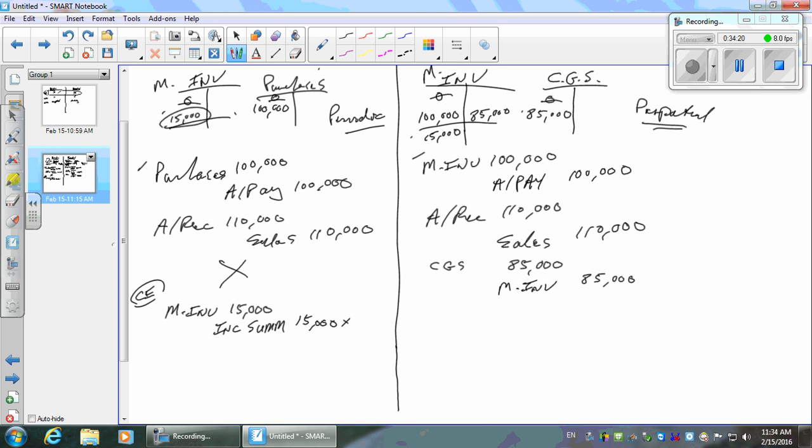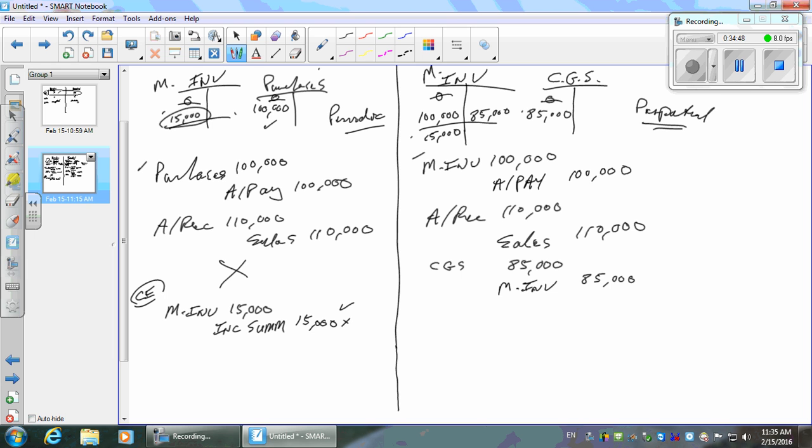Really, what's going to go on my income statement is the 100,000 of purchases less the credit on income summary. What I sold is how much I bought less the increase in inventory. Would you agree that if you bought 100 and you still have 15 left, you must have sold 85? What if the inventory goes down, say by 5? You must have sold the 100 you bought plus the 5 that you took out of inventory. Make sense? It'd be 105.